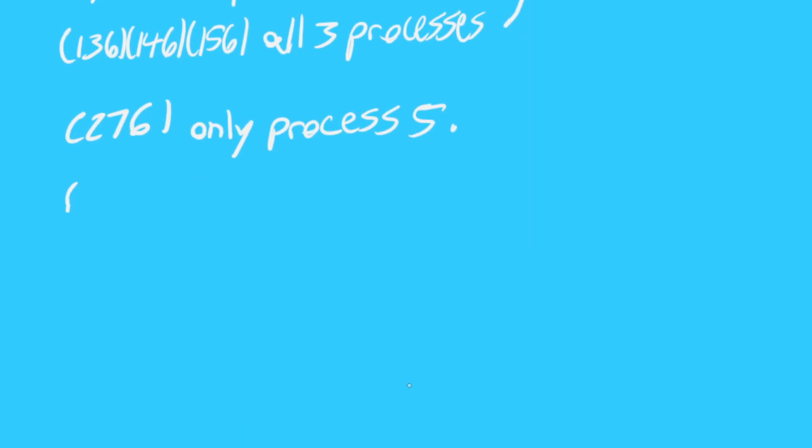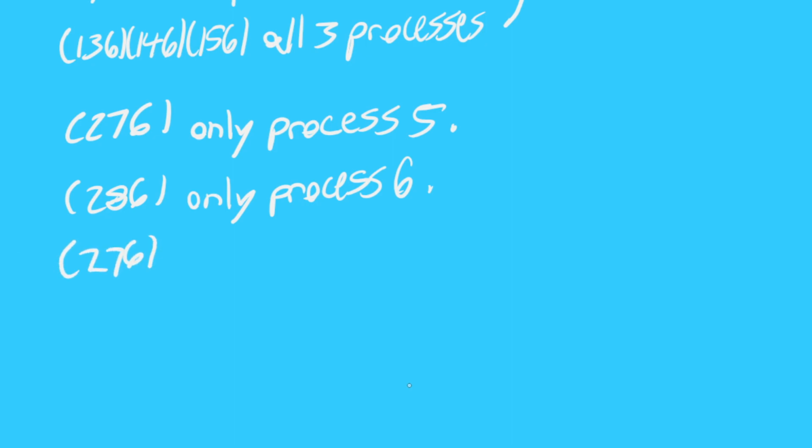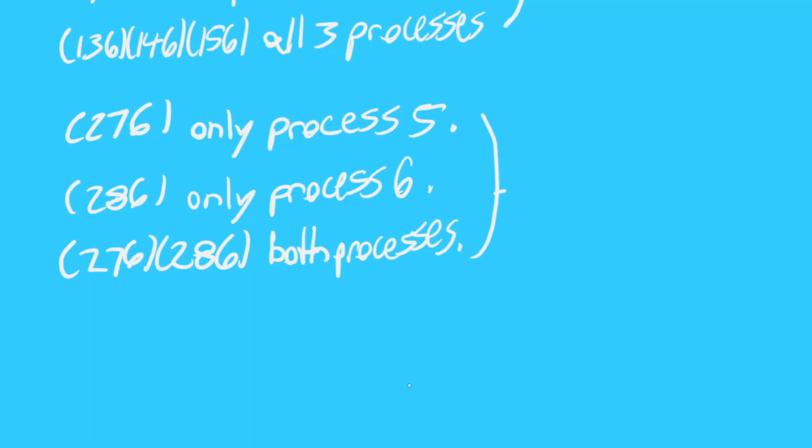And then we can do 286 for only process 6, and then we can do 276, 286 if we are going to do both processes. And this is for direction 2.